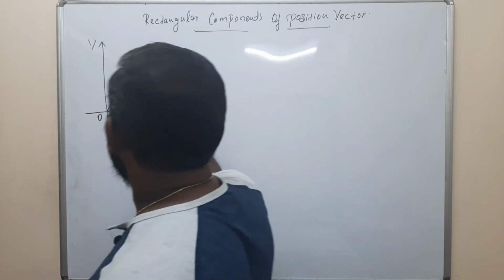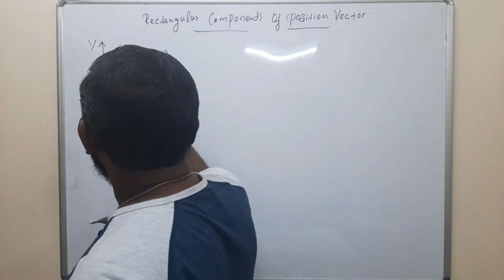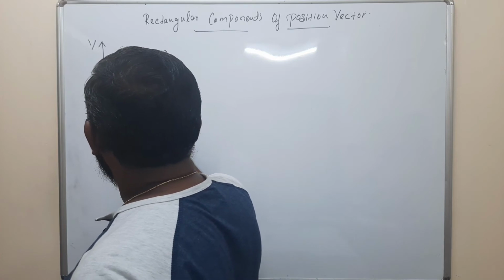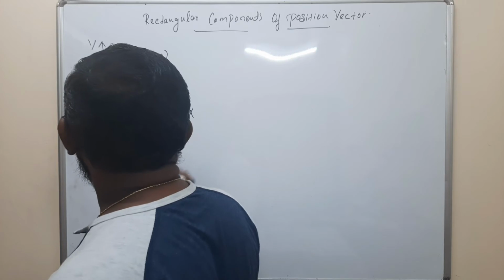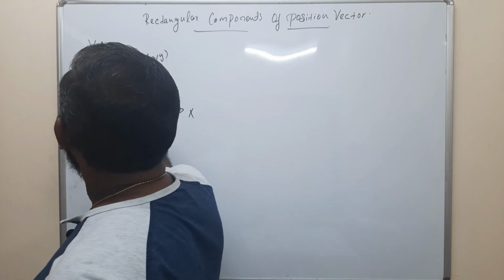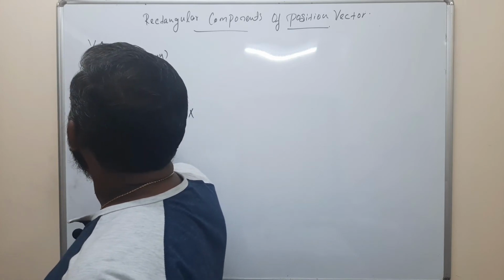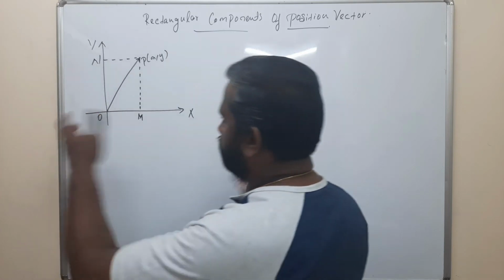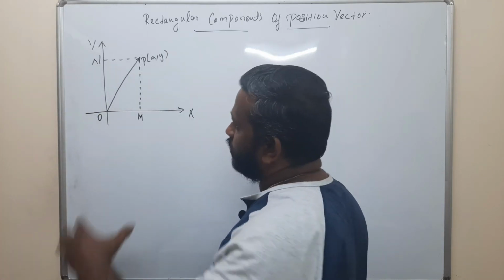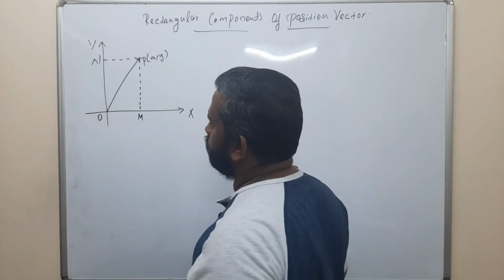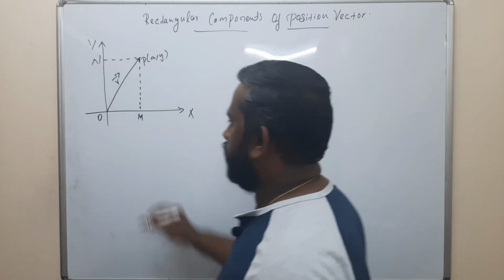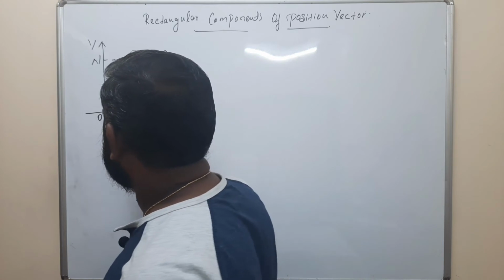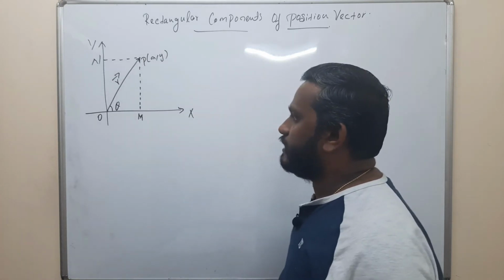Let PM be the perpendicular on the x-axis and PN the perpendicular, or projection, on the y-axis. So the position vector, r vector, makes an angle theta with the x-axis.